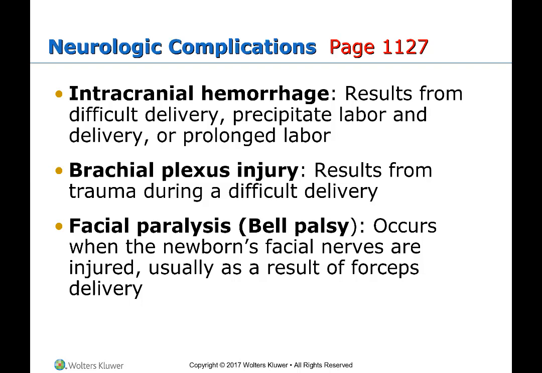Be very careful about suctioning, sudden movements, jarring the baby. And of course, you're going to be monitoring closely. You're going to need to keep the acid-base balance. Acid-base balance is very, very important, right?